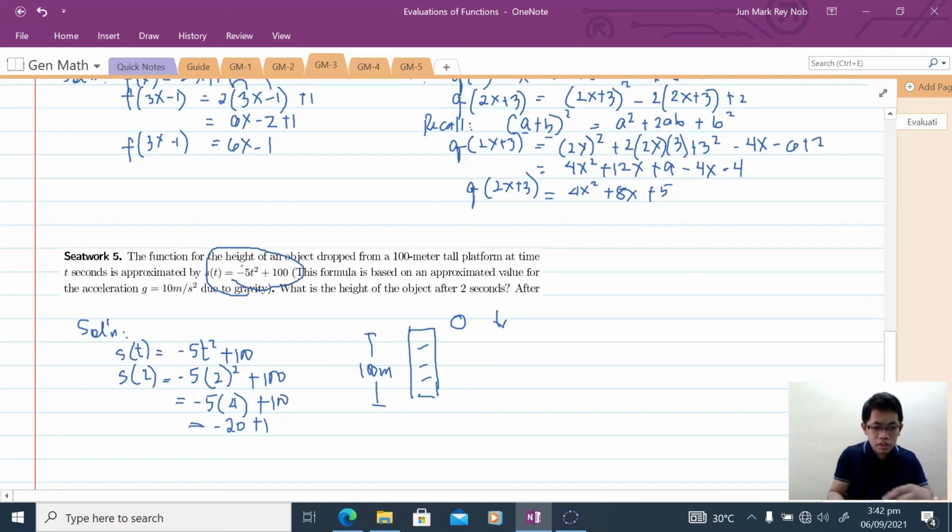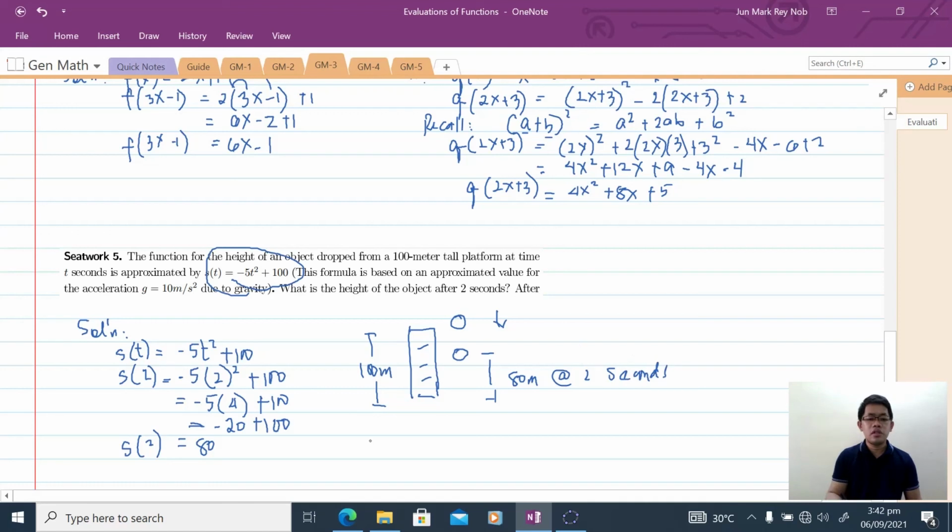So this is 80. So meaning after 2 seconds, imagine the ball is already right here, where this is already 80 meters from the ground.